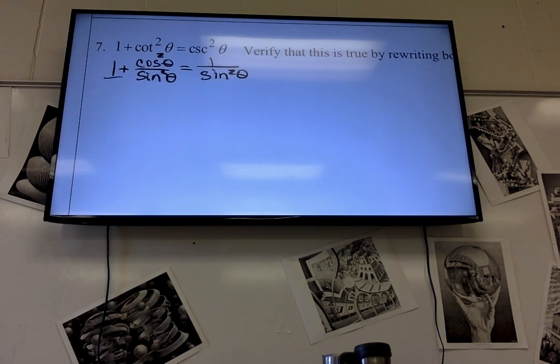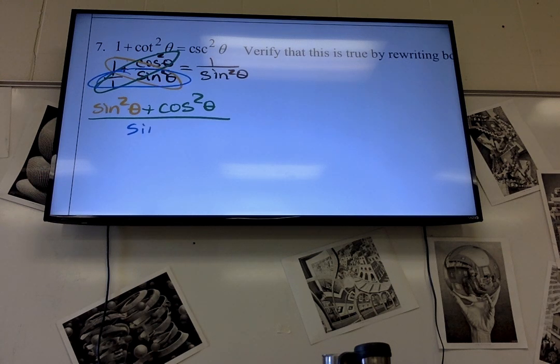And then I put this over 1 and bow tie. 1 times sine squared is sine squared. 1 times cosine squared, cosine squared. And then 1 times sine squared is sine squared.